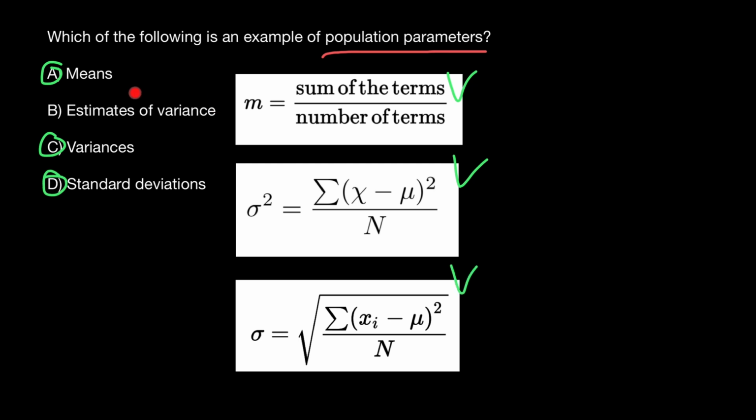Why is an estimate of the variance not a population parameter? Imagine I want to find the ethnic background of the people who live in my state, Hawaii, in Honolulu, and I would go to the street and ask, for example, 10 people about their ethnic background. Would it be a good representation of the whole population or not? Probably not. What if I asked 100 people?